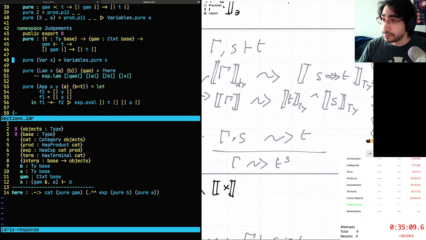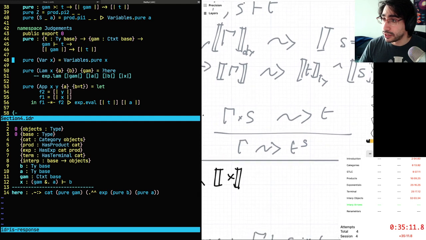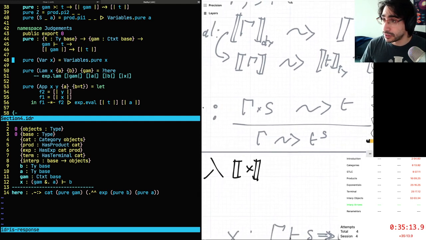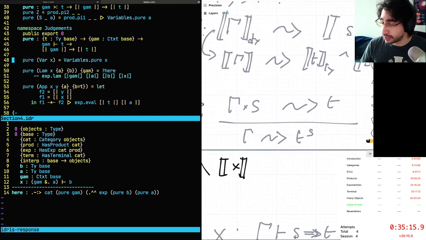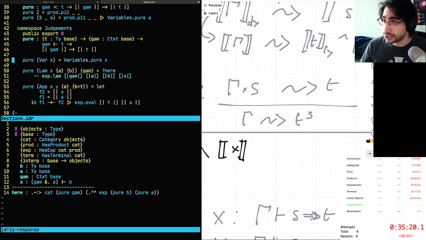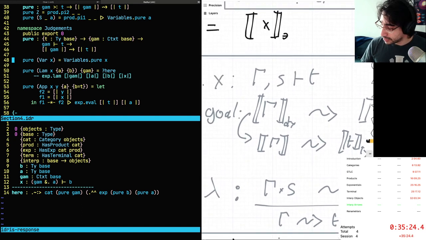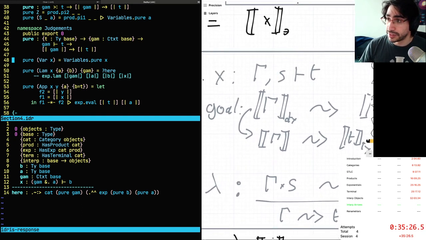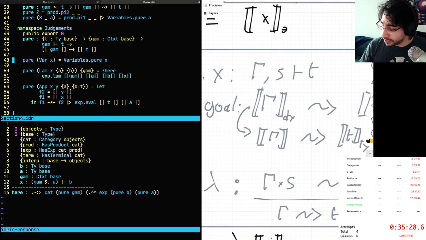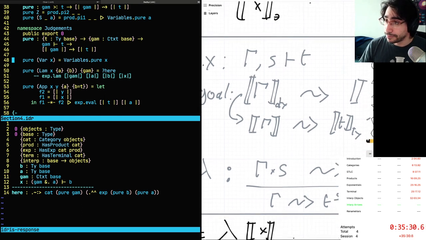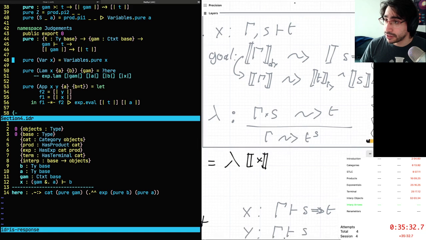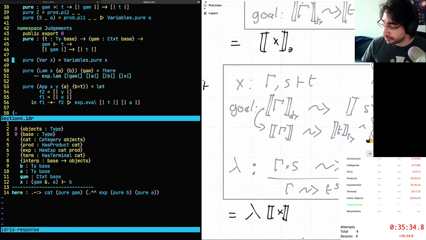And now the question becomes, is there a way to go from this thing on the left, gamma s to t, to this thing down, which is gamma to the exponential? The reason we're interested in this is because x, if you interpret this as an arrow, is the arrow from gamma and s to t. And indeed there is. It is the lambda property of the exponential, right?